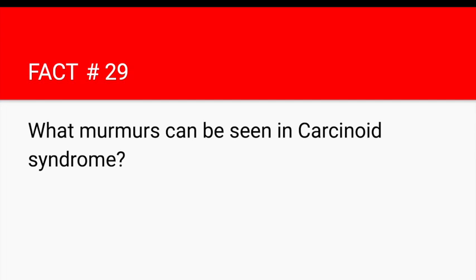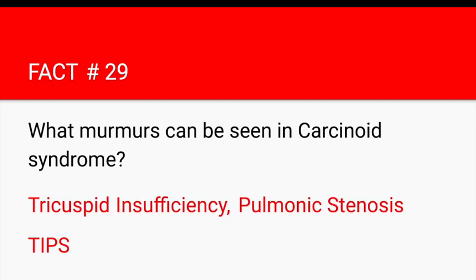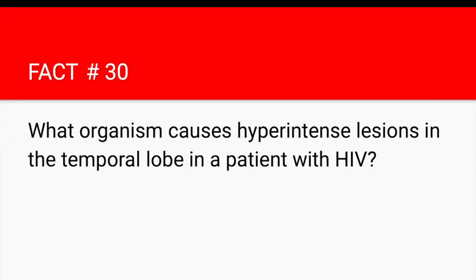Tricuspid insufficiency and pulmonary stenosis. This can be remembered with mnemonic tips. What organism causes hyperintense lesions in the temporal lobe in a patient with HIV? Herpes simplex virus, or HSV.